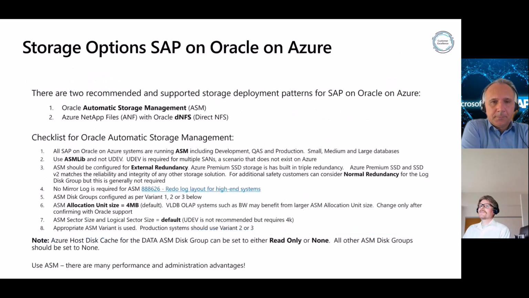So the two recommended patterns are now ASM and DNFS. We do not recommend customers continue with LVM and file systems. We strongly recommend, as part of any move to Azure, that they migrate to ASM.